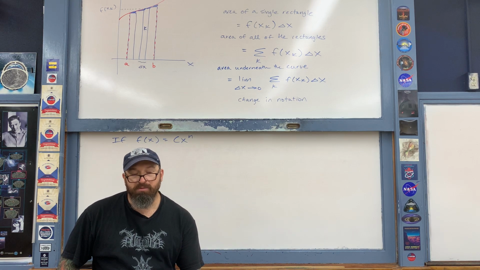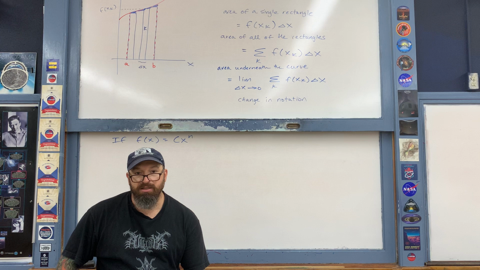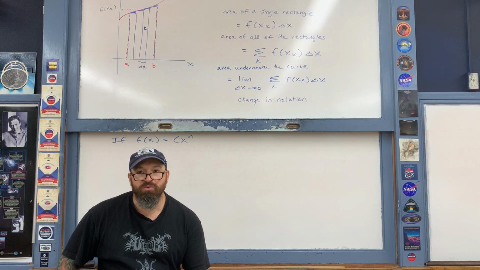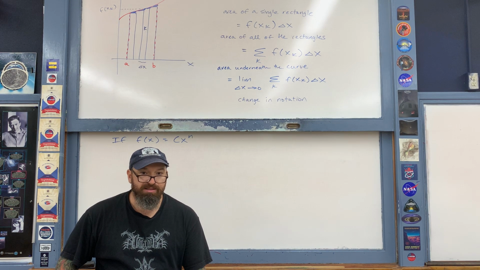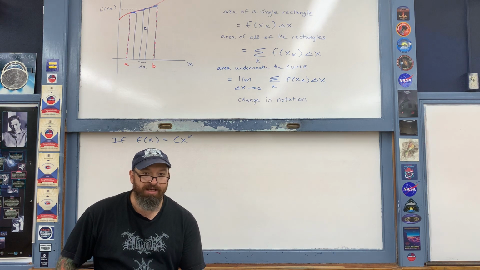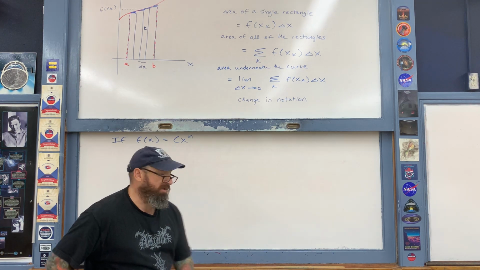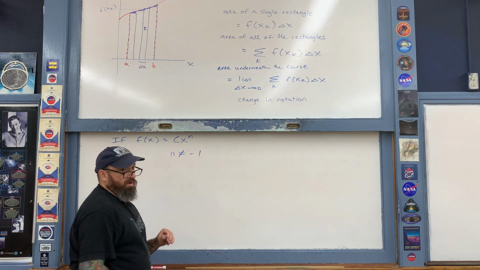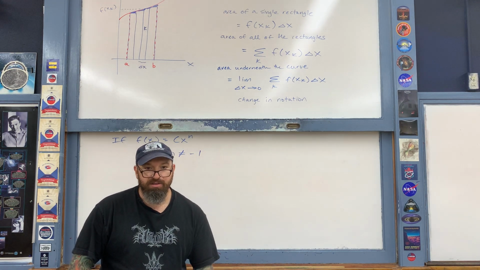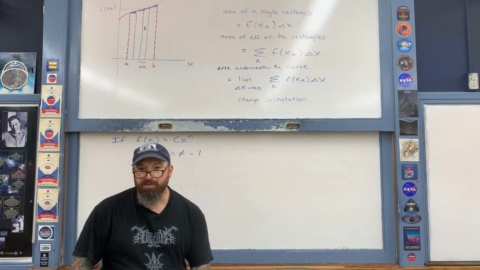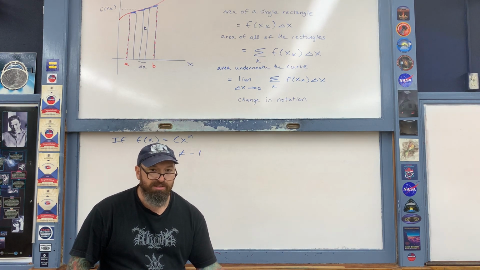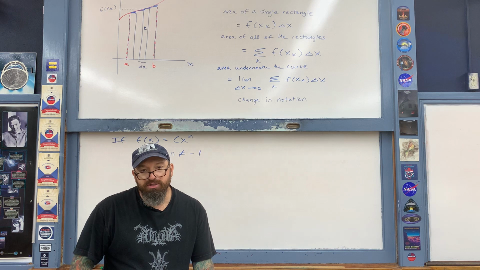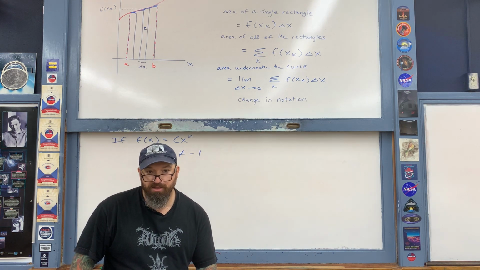The process that you're about to see cannot be done if n is equal to -1. If n is equal to -1, then something else happens, and you'll see that in calculus class anyway. So for now, n cannot be -1. However, it can be anything else. It could be an integer, a positive number, a negative number, a fraction, a decimal, etc. The only restriction is that it cannot be equal to -1.